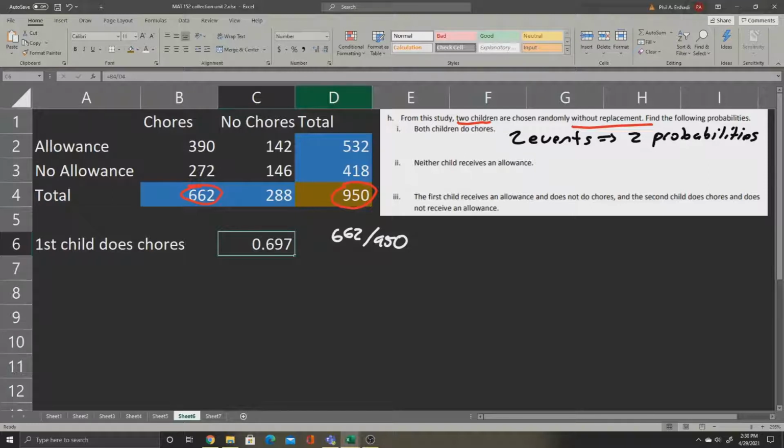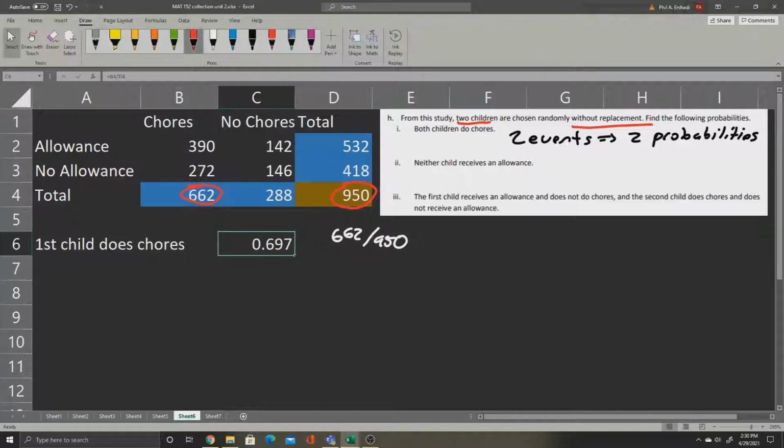Now, when we look at the second event, notice that this is without replacement. So, without replacement means this. When we look to the second event, we're going to take one away from the chores total. Effectively, this means we've selected a child and removed them from the collection.